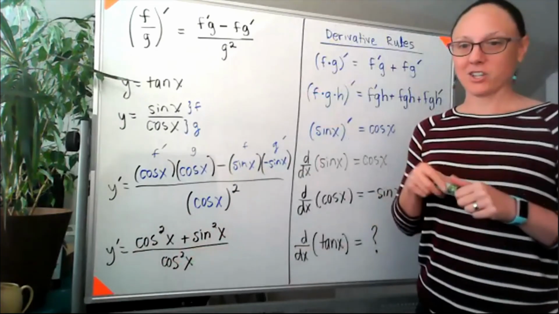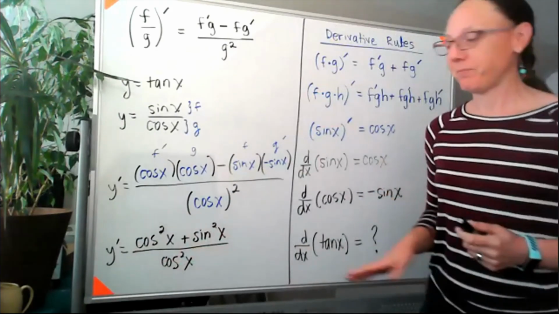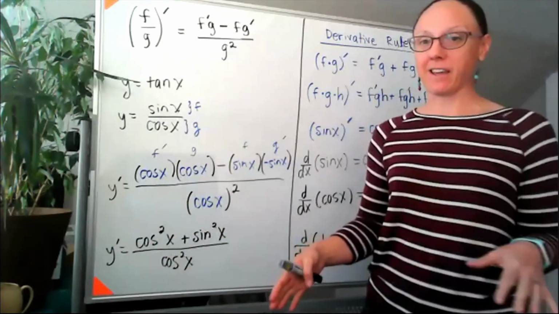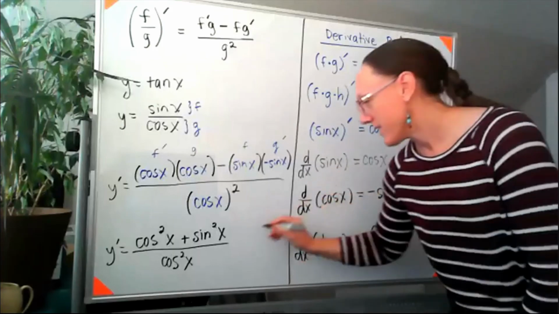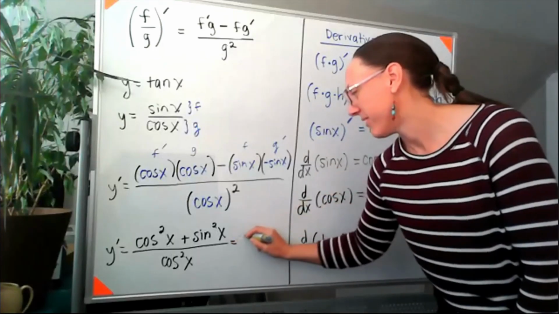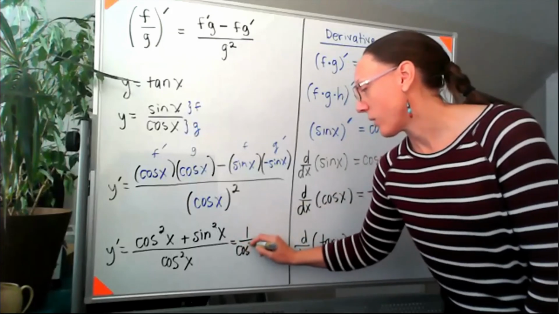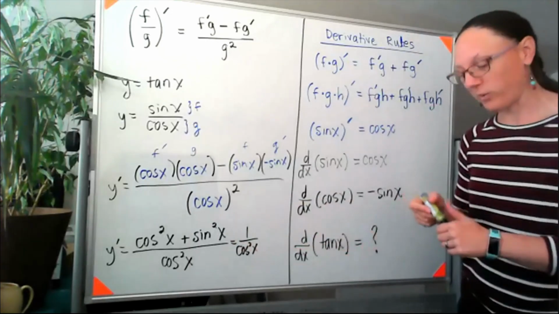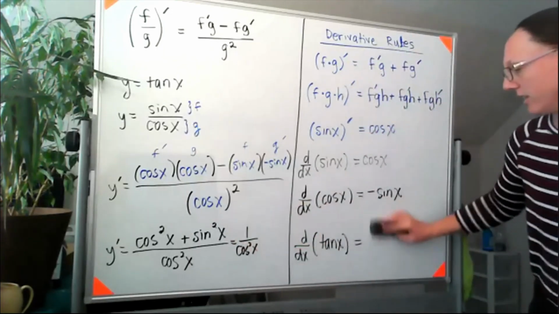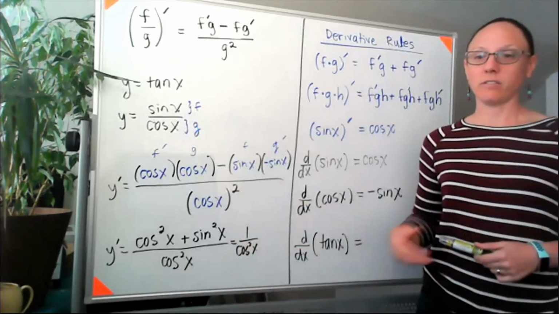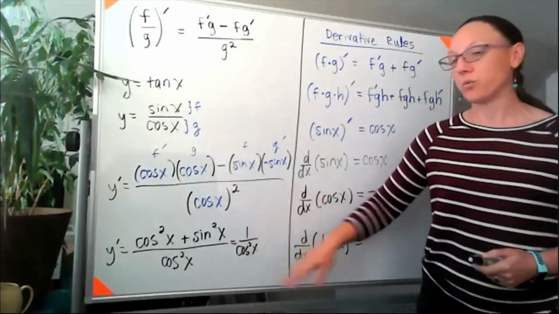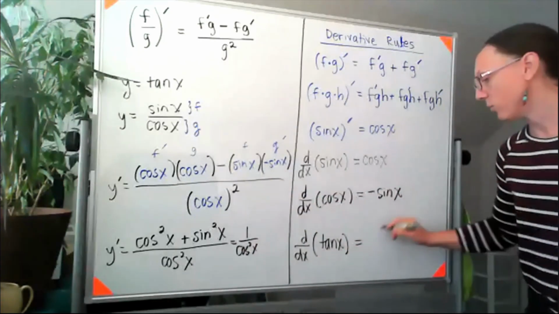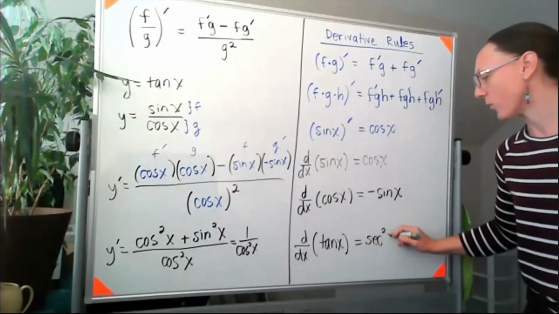And then if we remember back to that fundamental trig identity, cosine squared x plus sine squared x is always, for every angle, equal to 1. So I'd get a 1 on the top, and I'd have a cosine squared x on the bottom, which is also fine, but still not the way we usually write the derivative of tangent, because if we use another one of those trig identities, 1 over cosine is equal to secant. So the derivative of tangent of x, we usually write as secant squared of x.